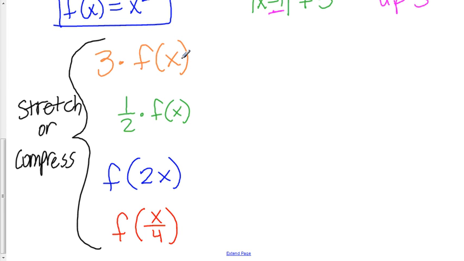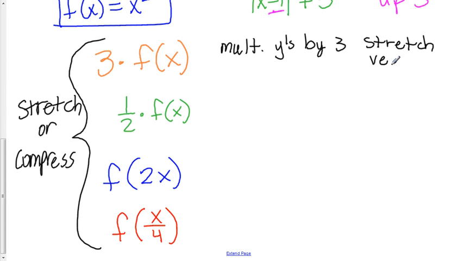Because it's not in here with the x, it's outside of it, it is going to affect the y's, which means it's going to be whatever is here. So it's going to multiply your y values by 3, and so it's going to stretch vertically by 3.